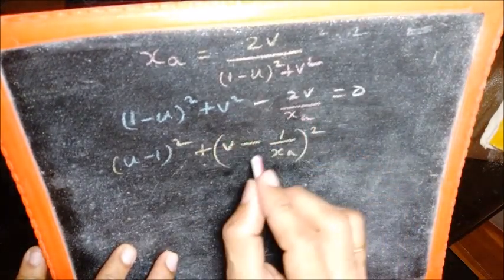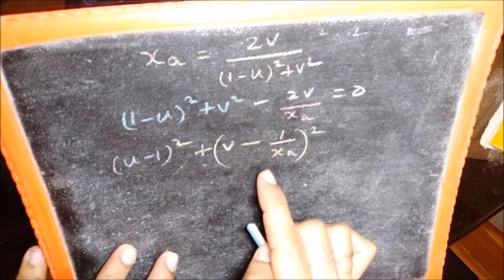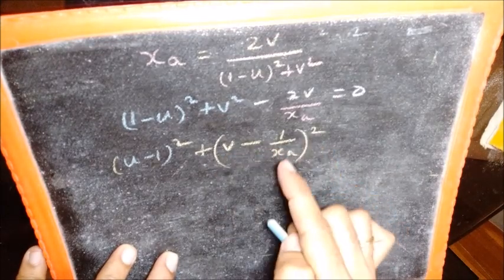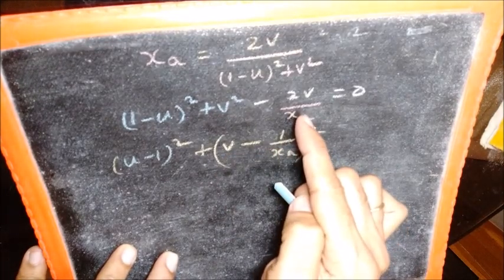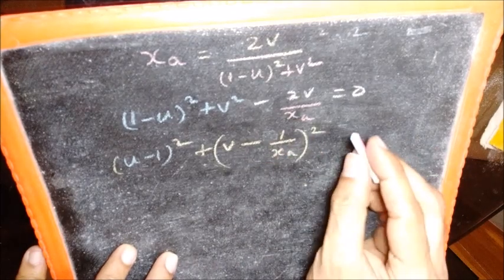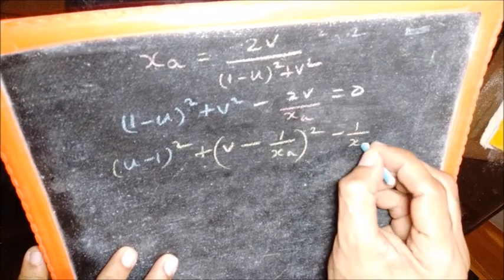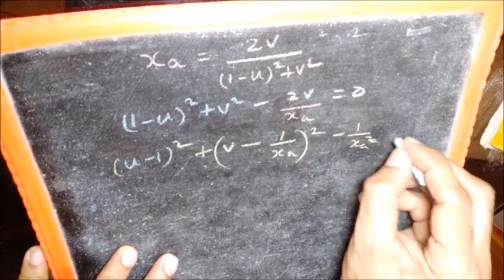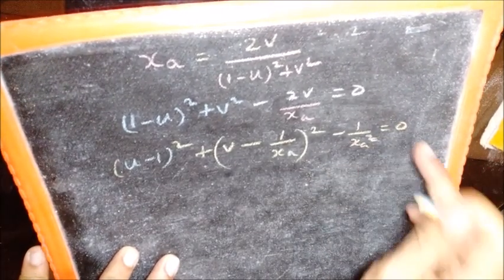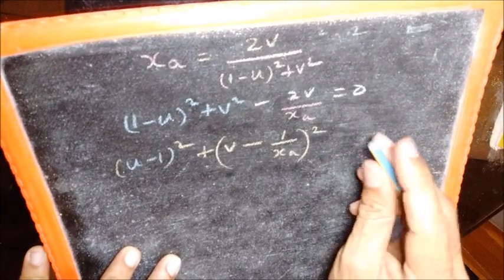So I'm using these two and trying to combine them. I get v square. I'll get minus 2v by xa plus I'll get an extra 1 by x square. So that 1 by x square I can compensate by writing this as equal to 0, and if I take it over there, I see that I'm getting another circle.